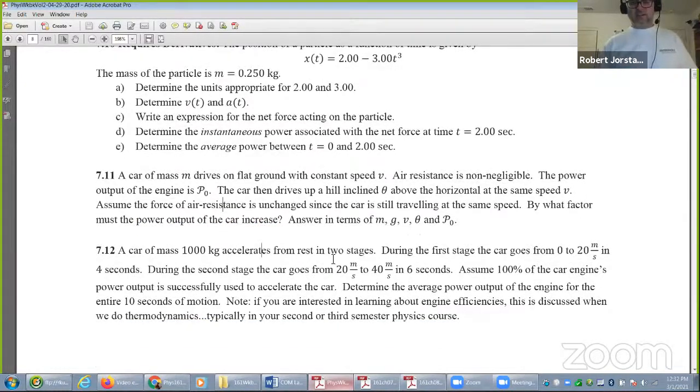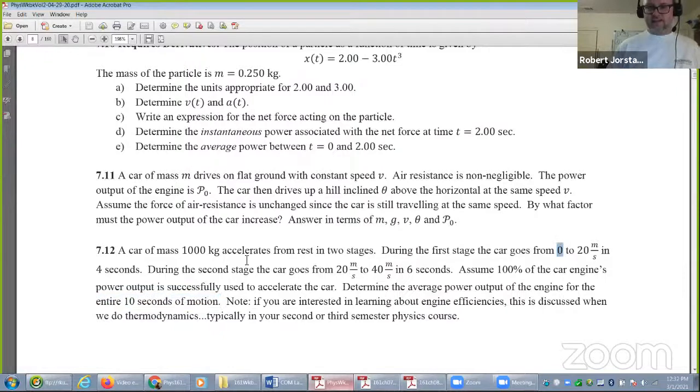And I think we already discussed this one and how irritating this is that I forgot the italics. But again, here's another one that really throws people for a loop. 7.12 has got a lot of what I would call decoy information, right? If we're talking about the entire 10 seconds of motion here, all you need to do is say, well, the initial energy is 0.